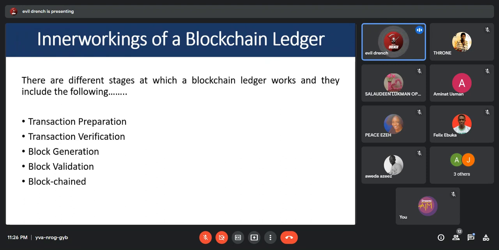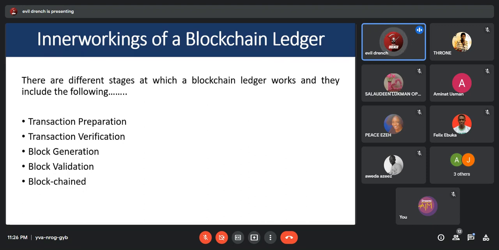In the inner workings of the blockchain ledger, there are different stages at which the ledger works, and they include the following. First stage, that is transaction preparation. This is just telling us what actually happens when a transaction is created on the blockchain.